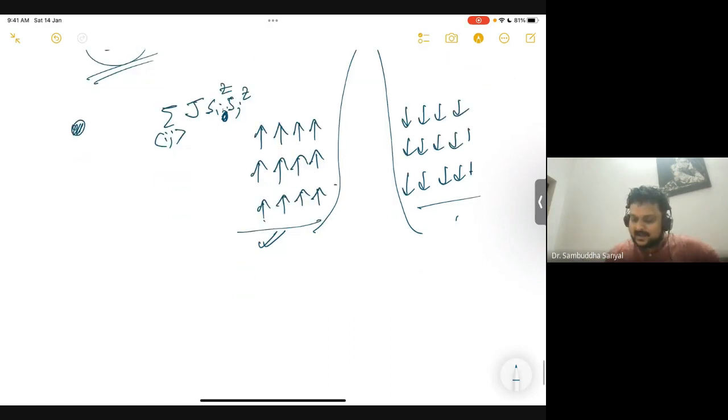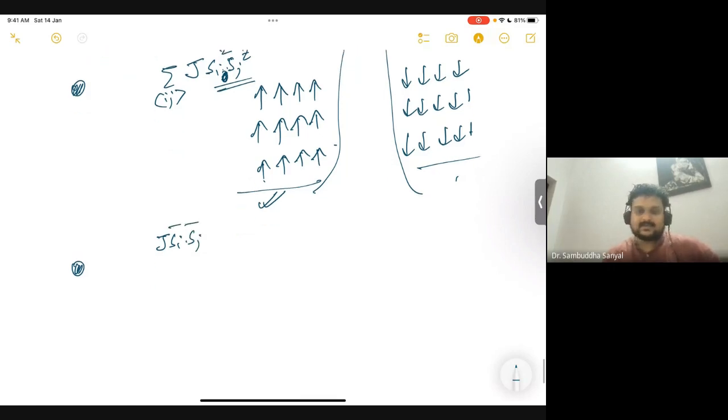And then there are more interesting examples of that. For example, think of a ferromagnet. A ferromagnet means all the spins are pointing in the same direction. So this is Ising, which means they can be either up or down, nothing else. But let's say I do this S_i dot S_j, which means Heisenberg, which you will learn in stat mech or condensed matter. Here all the spins pointing in one direction is your ground state, it's a ferromagnet.